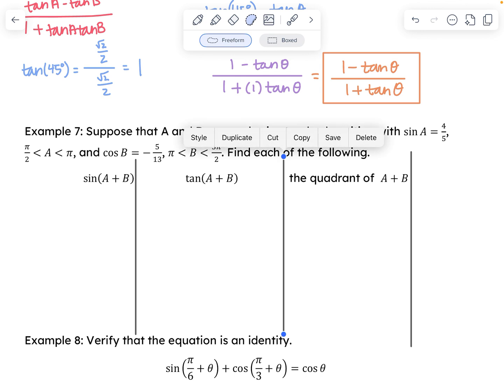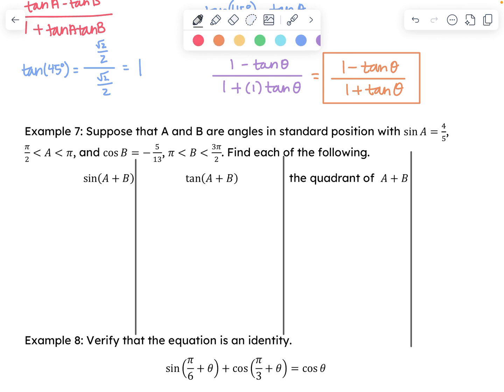Right. So first thing, I'm going to start with my formulas. If I have sine of A plus B, that would be sine of A cosine of B plus cosine of A sine of B. If I have tangent of A plus B, that one's a fraction.